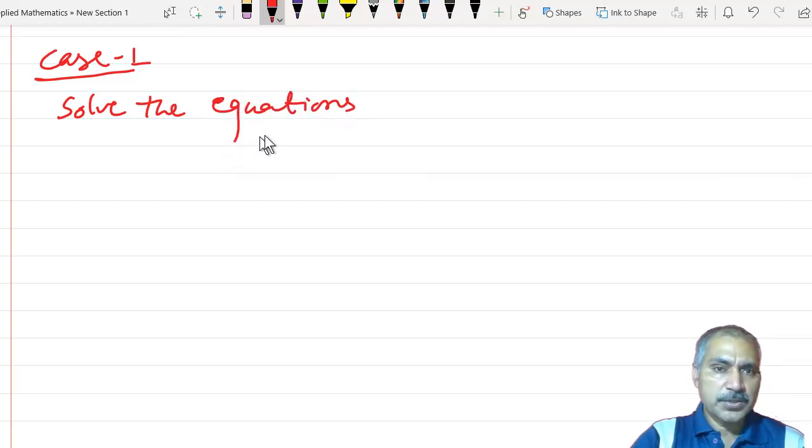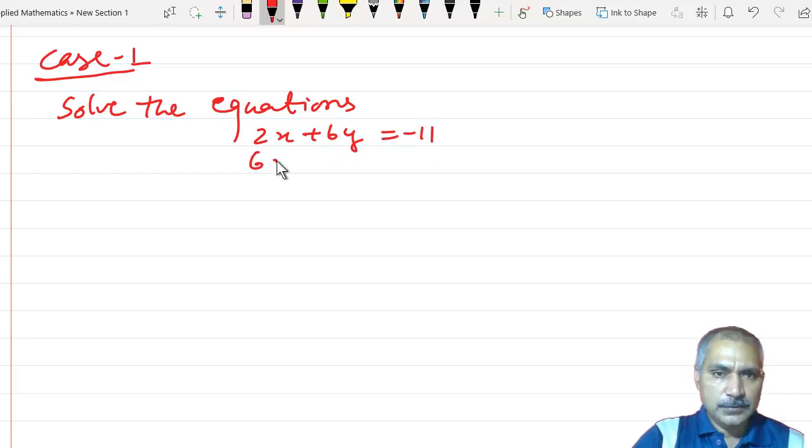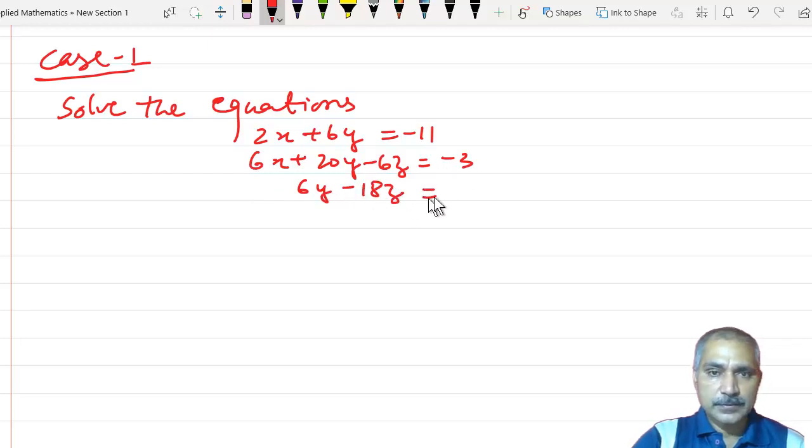The first equation is 2x plus 6y is equal to minus 11. 6x plus 20y minus 6z is equal to minus 3, and 6y minus 18z is equal to minus 1.